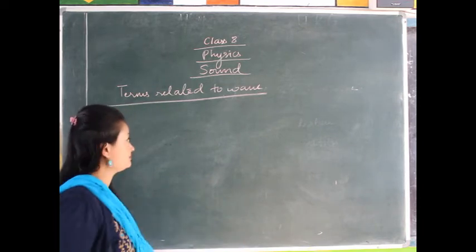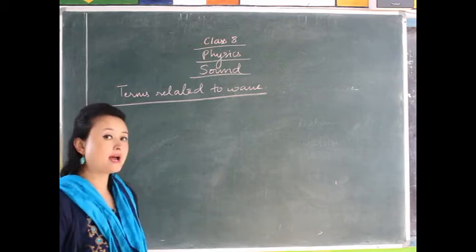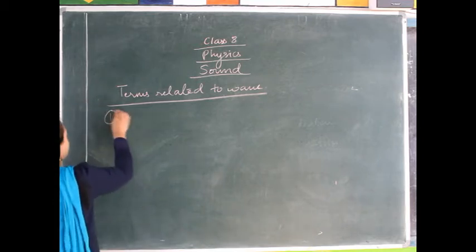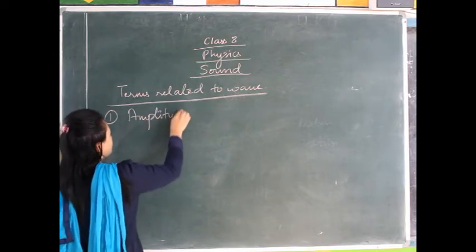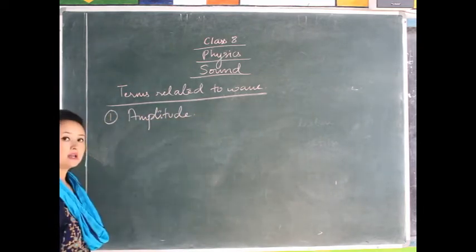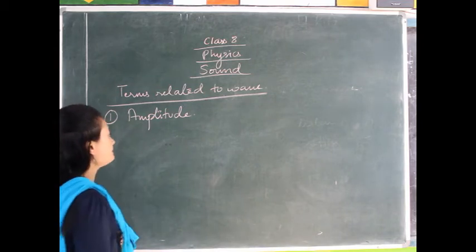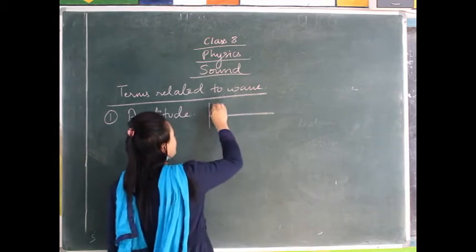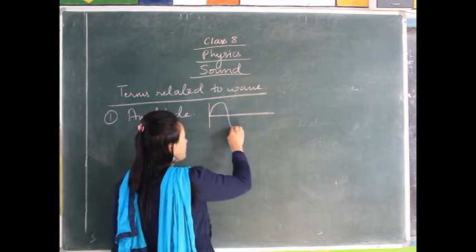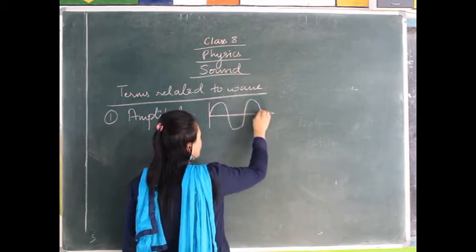So the first one is your amplitude. The first term related to wave is amplitude. Now what is amplitude? In the case of a transverse wave, what is the upper part called? Crest. The down part is called trough.